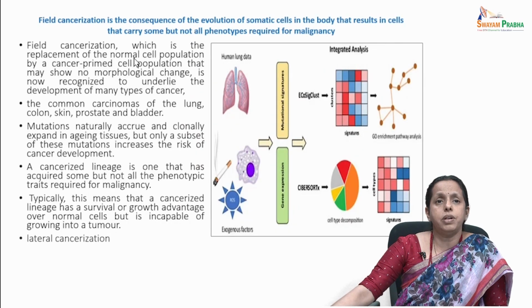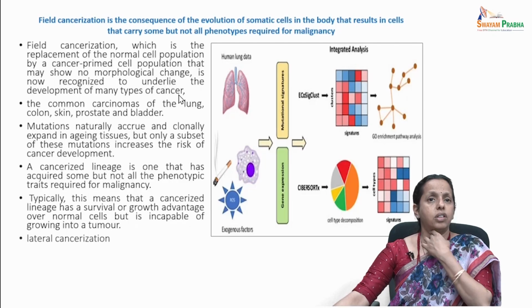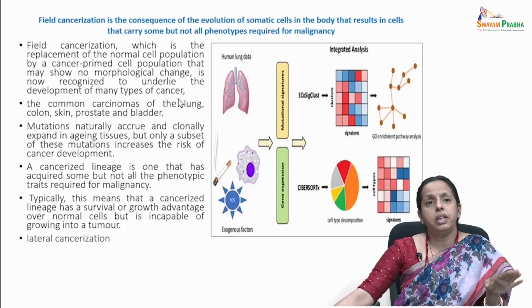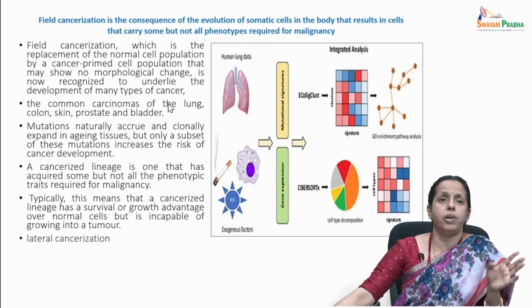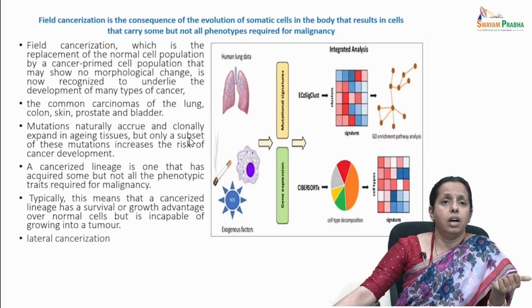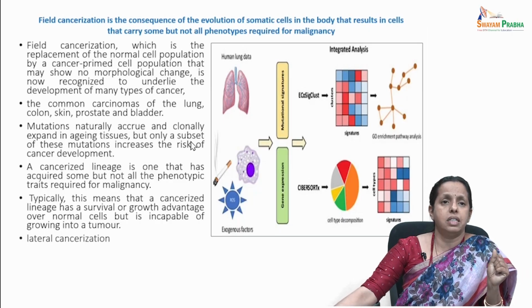This is the replacement of the normal cell population by a cancer-primed cell population that may show no morphological change, but it is now recognized that field cancerization is a prelude to the development of cancer. For example, in many cancers such as lung and colon, mutations naturally occur and clonally expand in aging tissues, but only very few of these mutations increase the risk of cancer development.